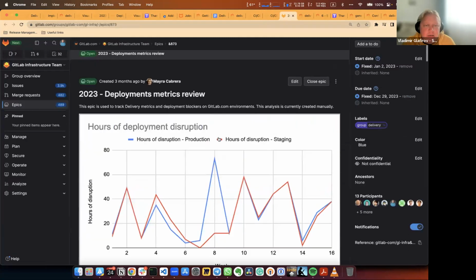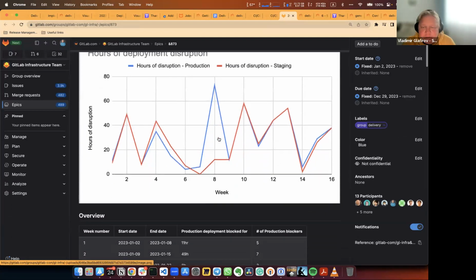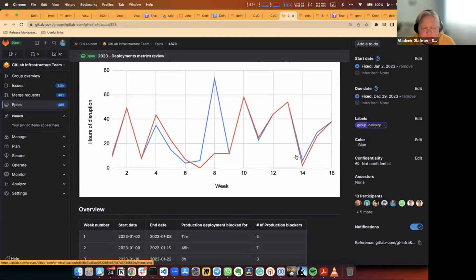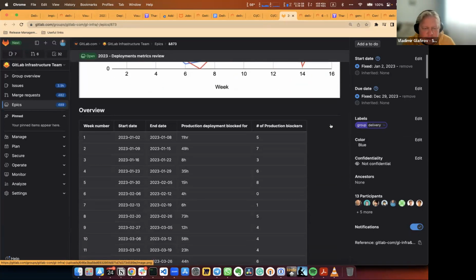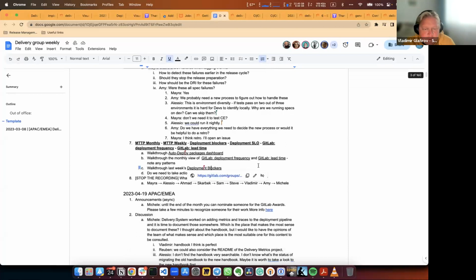On deployment blockers, as I said, we had a pretty intense week in terms of incidents. We had 14 incidents in total, and they blocked about 38 hours in total.